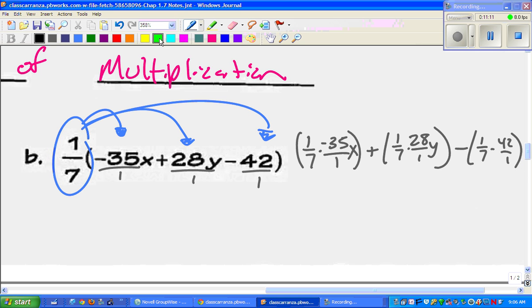All right, now we're going to go through and reduce each one of these. We get -5x, plus 4y, minus 6. Working with fractions isn't that bad, is it, guys?